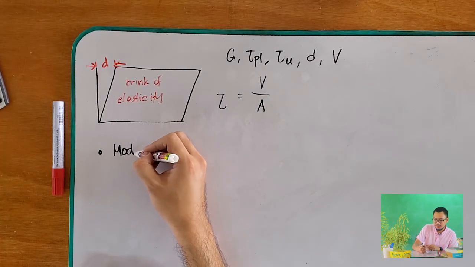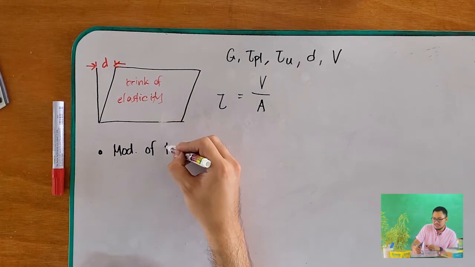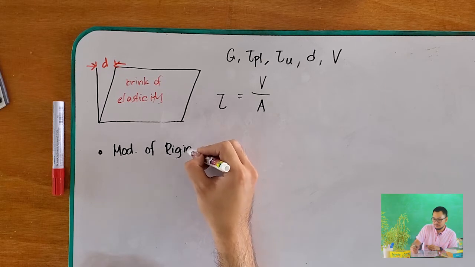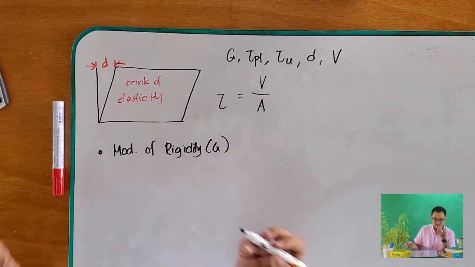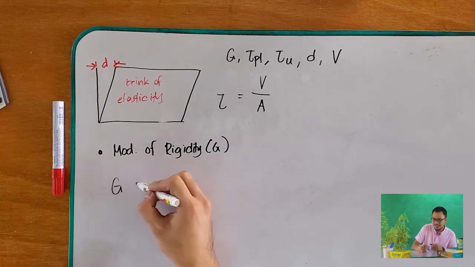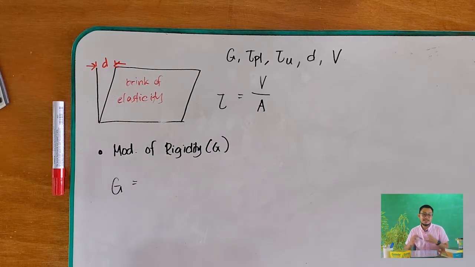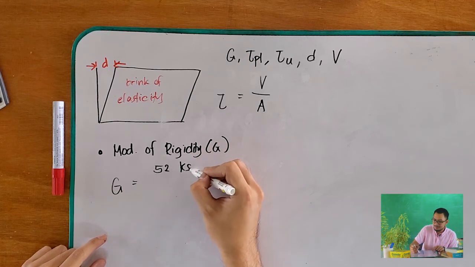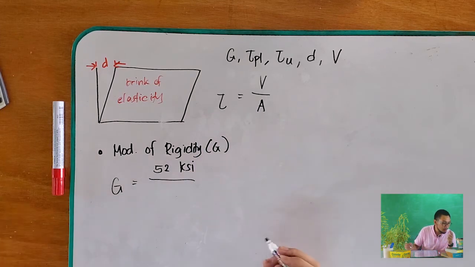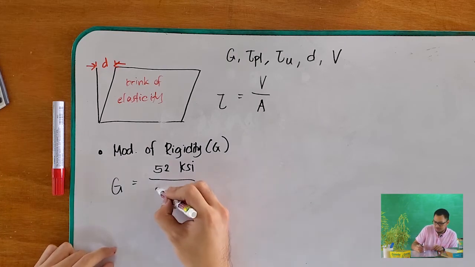Modulus of rigidity. Let us just look at the graph. G is equal to the slope of the proportional line. Unsa may given dira nga mga points. Nagihatag dira ang imong proportional limit sa imong stress is 52. 52 KSI divided by, unsa may tungod niya nga strain? 0.008.